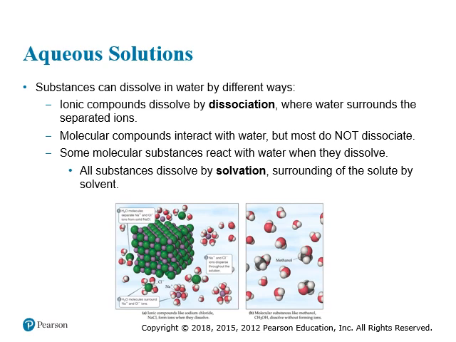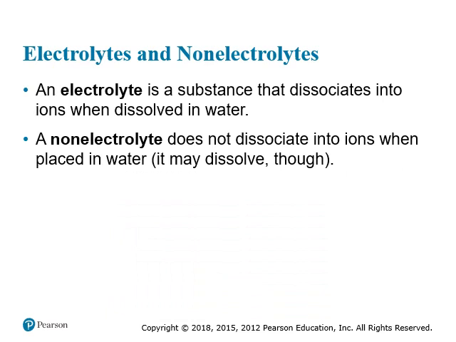Now, as we discuss aqueous solutions, we need to discuss the concepts of electrolytes and non-electrolytes. An electrolyte is a substance that will dissociate into ions when dissolved in water. A non-electrolyte does not dissociate into ions when placed in water. It may dissolve, but it doesn't dissociate.